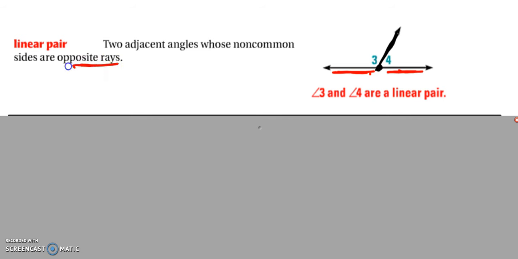So opposite rays form 180 degrees. So linear pairs should always be angles that are touching each other, sharing a common side, and forming a straight line, hence the word linear. And a straight line is 180 degrees.